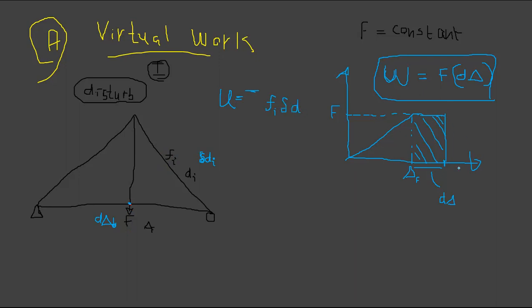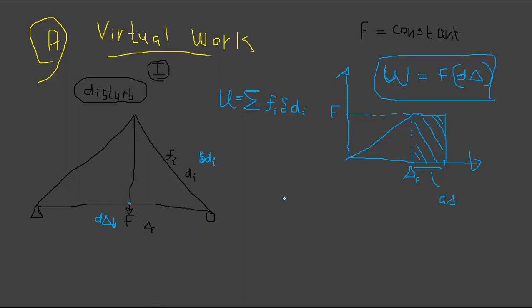Member force is simply Fi, and you are giving an additional displacement, keeping the force constant. This is for the ith member, and you have to sum it up, because you have, let's say, four members, or five members, 1 2 3 4 5.